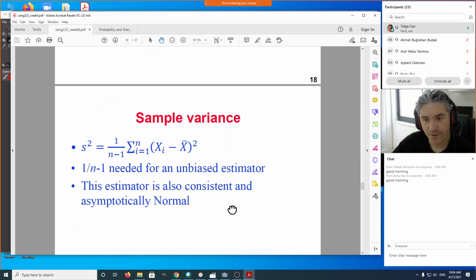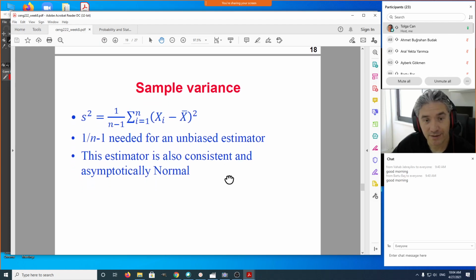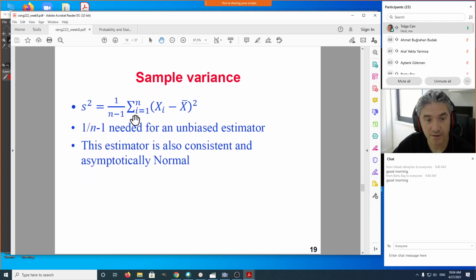Now another thing we have to look at is the sample variance, and here the formula is a little bit different. It's not the average of differences of sample data points from the sample mean. We have a sample mean, which is actually an estimator itself. If we knew the population mean, it would be a better way to compute the sample variance by checking the difference between those two.